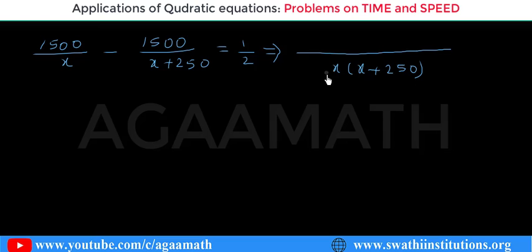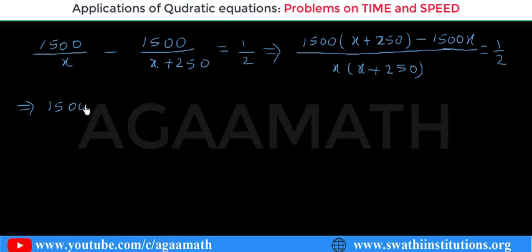So the numerator is 1500 times x plus 250 minus 1500 times x, equals half. Now solving this, that is 1500x plus 1500 into 250, which is 375,000, minus 1500x, equals half of this.